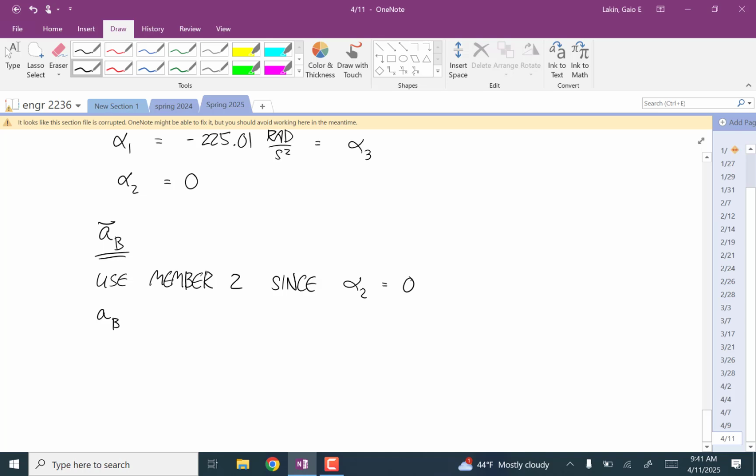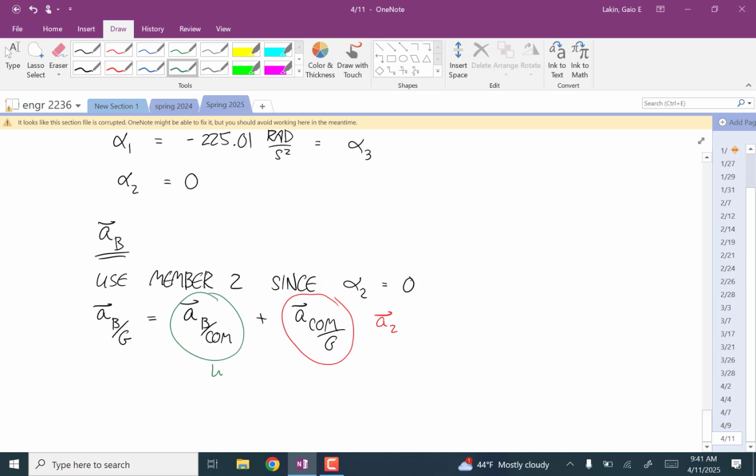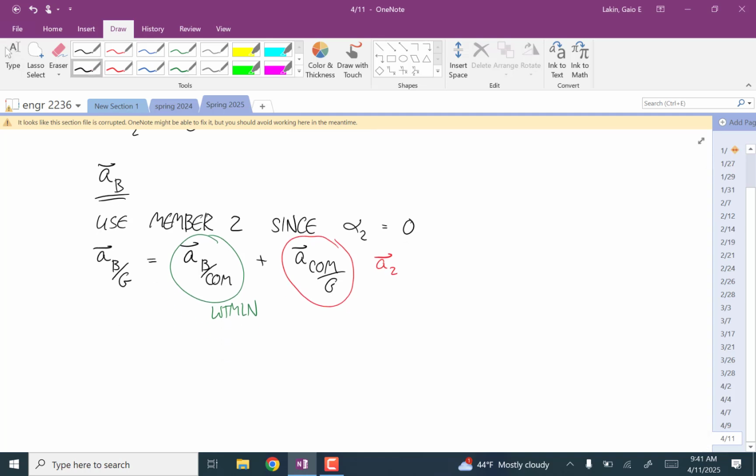So the acceleration of B relative to the ground is equal to the acceleration of B relative to the center of mass plus the acceleration of the center of mass relative to the ground. This is our A2. This is the watermelon equation. And the watermelon equation says, we got that alpha 2 is 0.